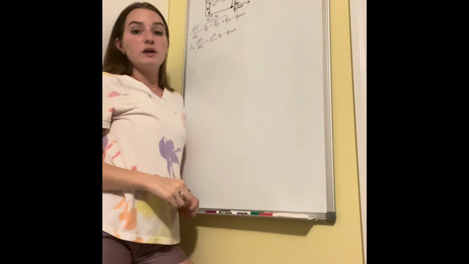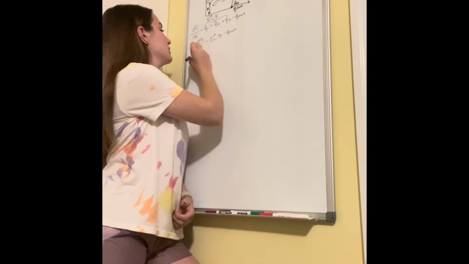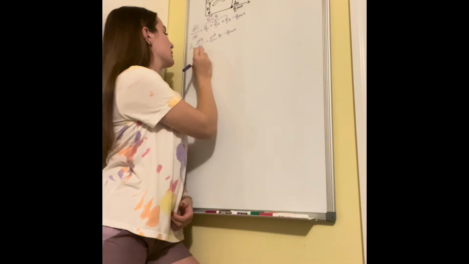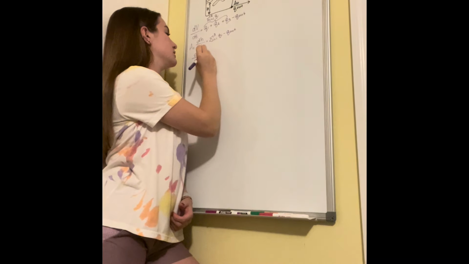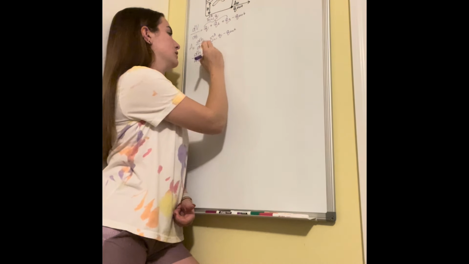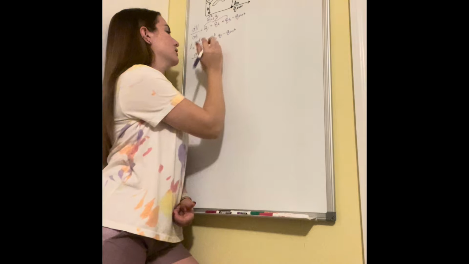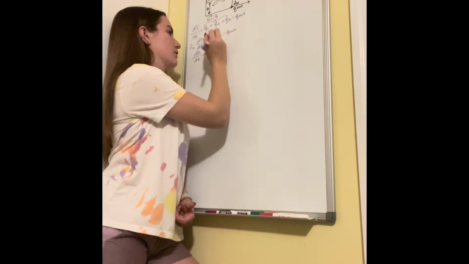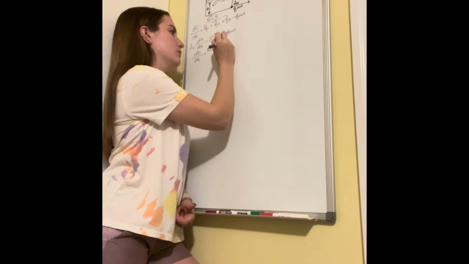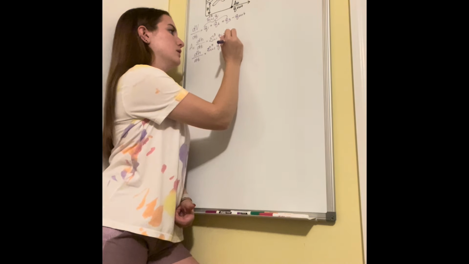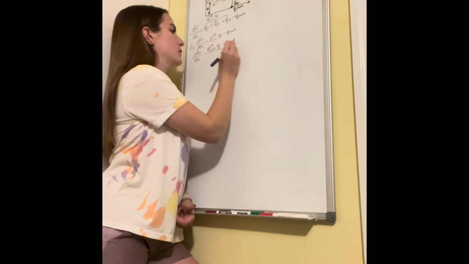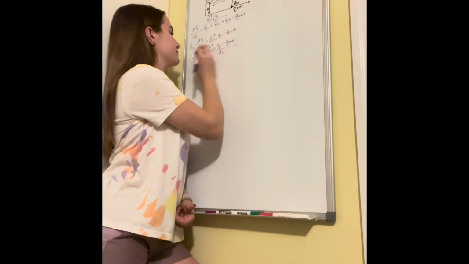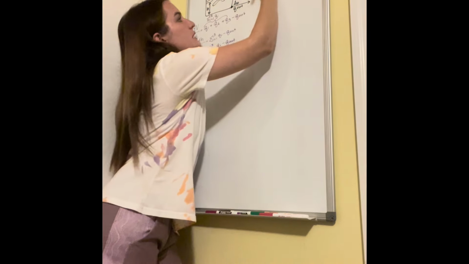Now we want to isolate our dH/dt variable, so we're going to write dH/dt is equal to the summation from i equals 1 to 3 of Qi minus Q out, all divided by our cross-sectional area. So that is our dH/dt.